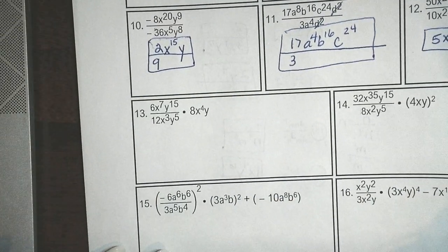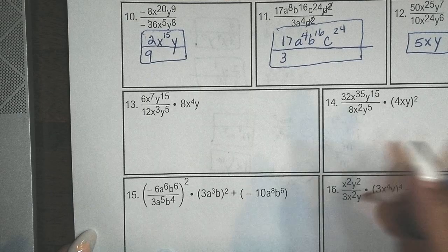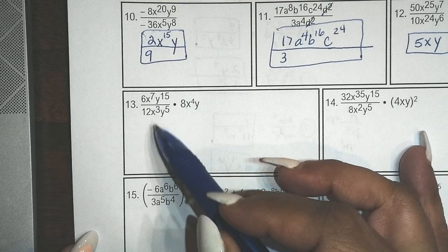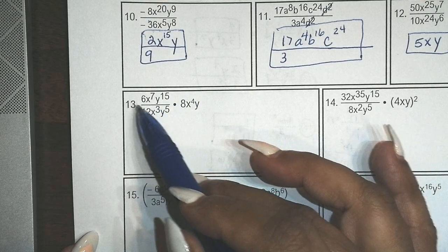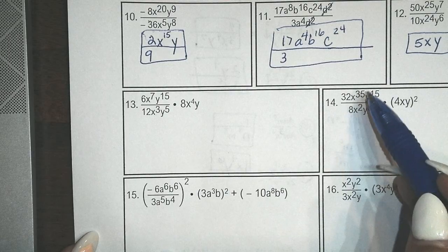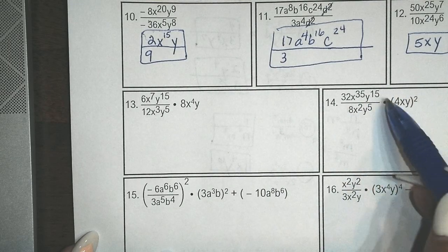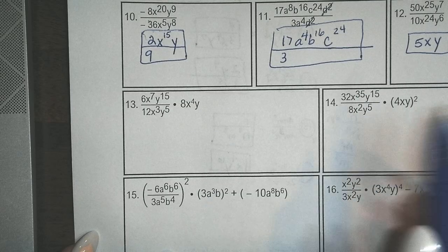All right, number 13 has multiple operations. We have a division, then we have a multiplication. Again, order of operations says you do multiplication, division, whichever comes first from left to right. So we're going to do division first, then we're going to multiply. Here, order of operations says I do parentheses first, then division, then multiply.